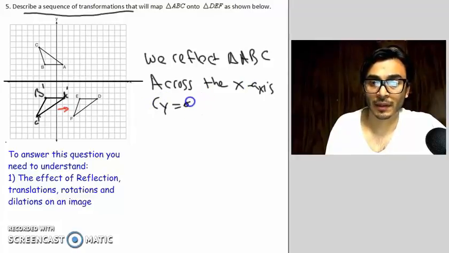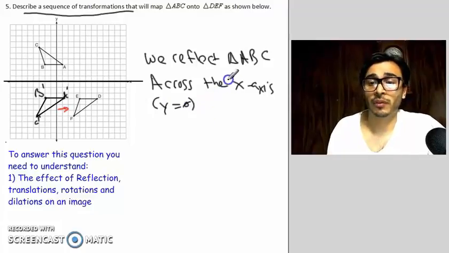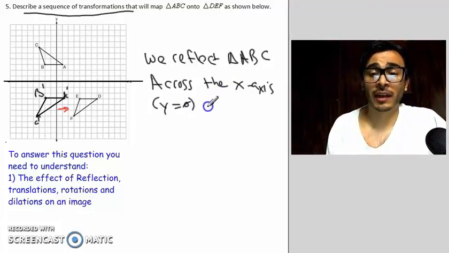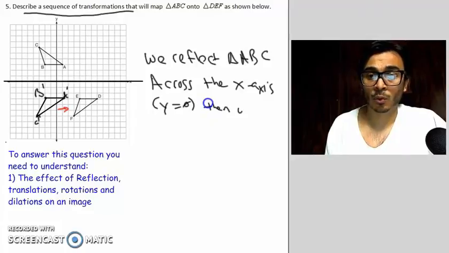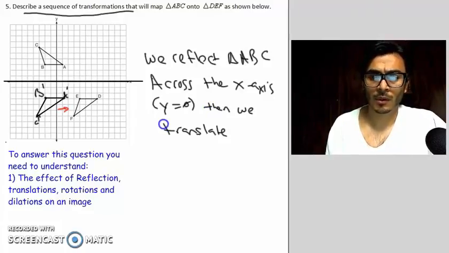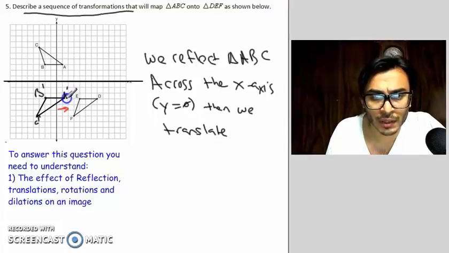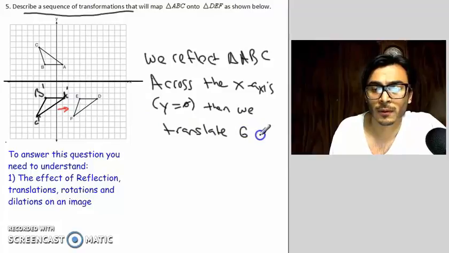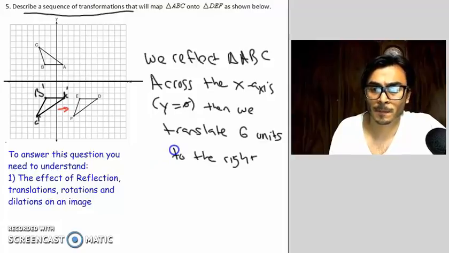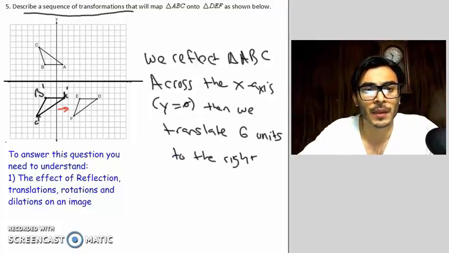It's going to come in handy later. We reflect triangle ABC across the x-axis, then we translate how many units to the right? Let's see, 1, 2, 3, 4, 5, 6, 6 units to the right. All right, that's number 5.